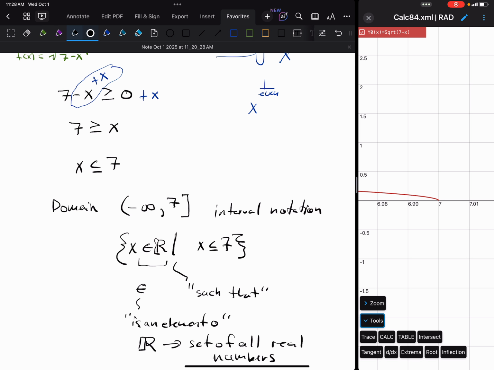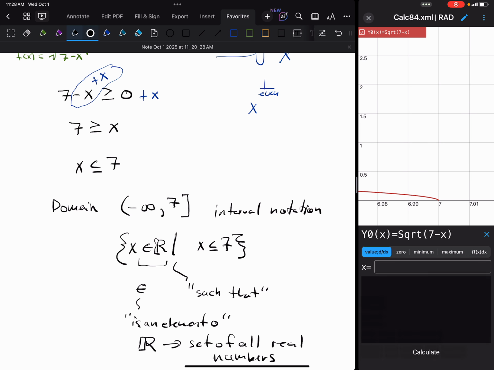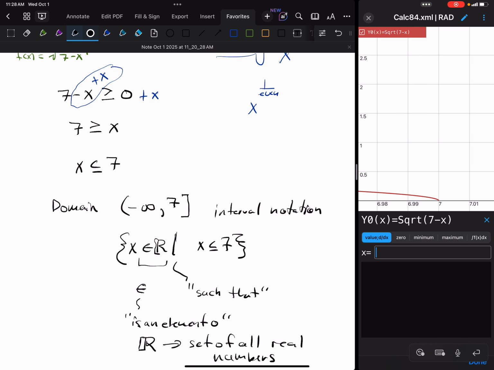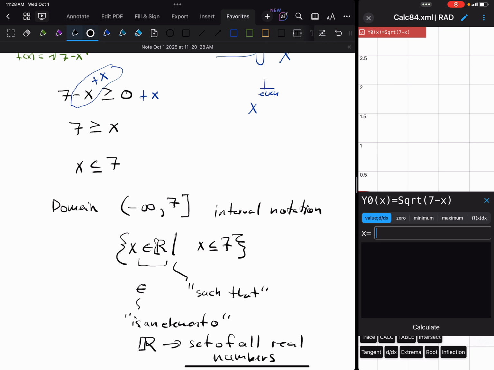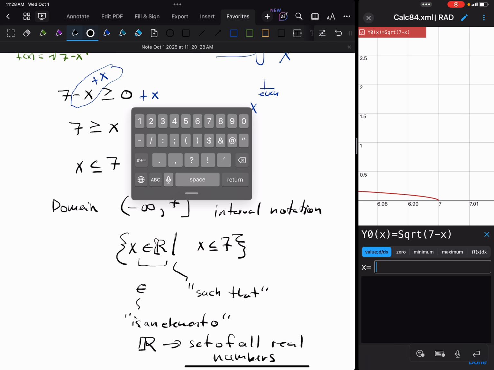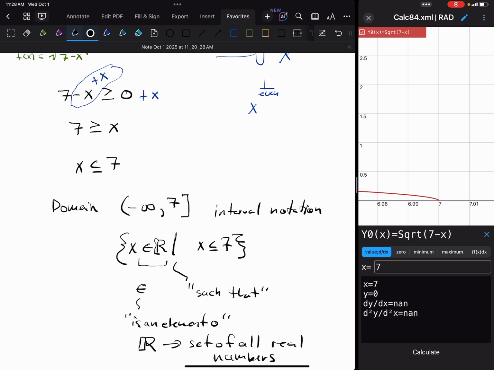But I do have an output for an x value of 7, and I can see that really easily if I say calculate, find a value for x equals, and put in the number 7 there. Notice that it's calculating for x equals 7, y equals 0. But if I try to have it calculate a number larger than 7, it's going to return an N, because I won't be able to do that calculation.